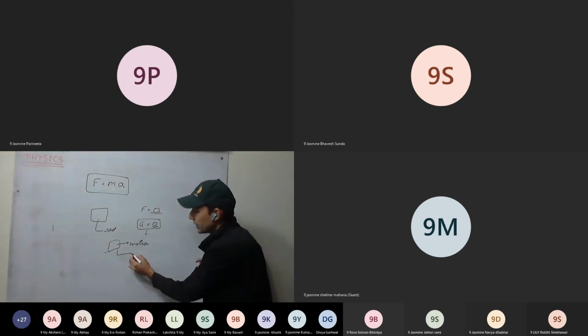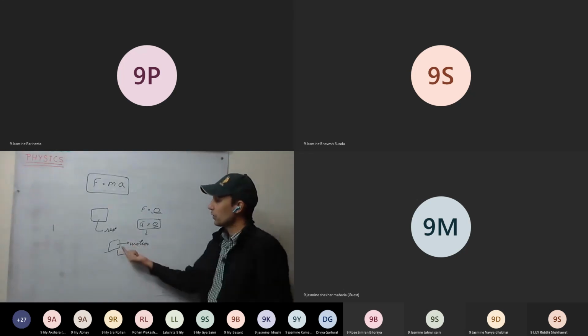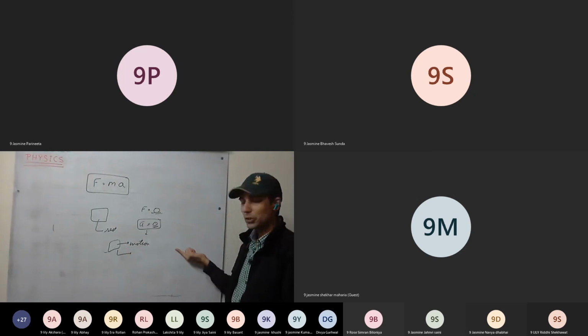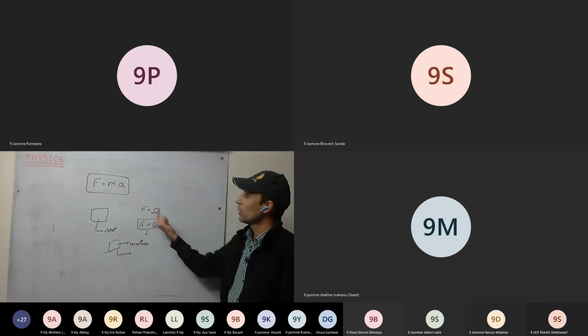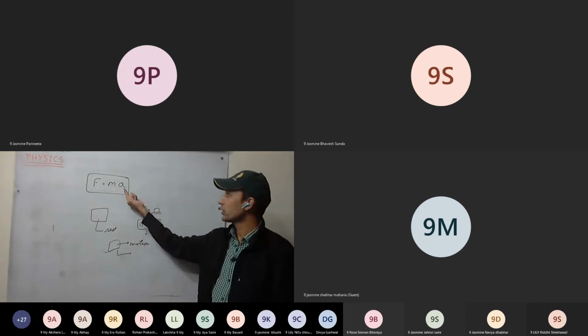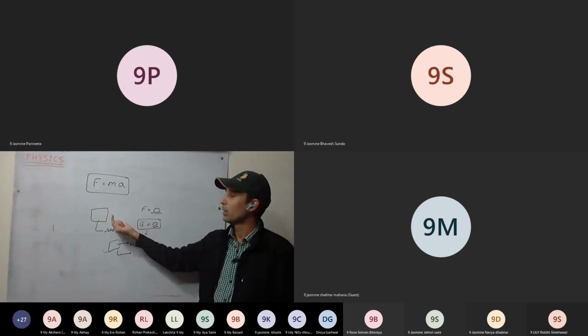It means there is no change in velocity of the body. So if a body is in motion, it will remain in motion with the same speed in the same direction. So using Newton's second law, we can derive Newton's first law.